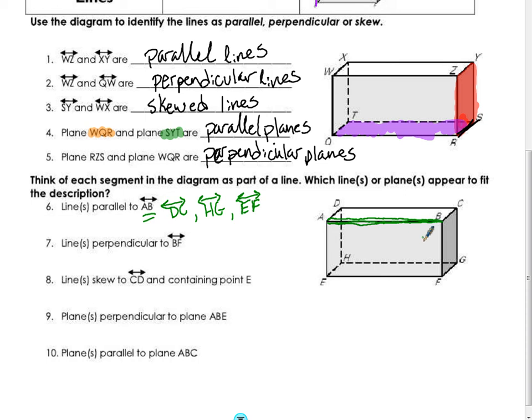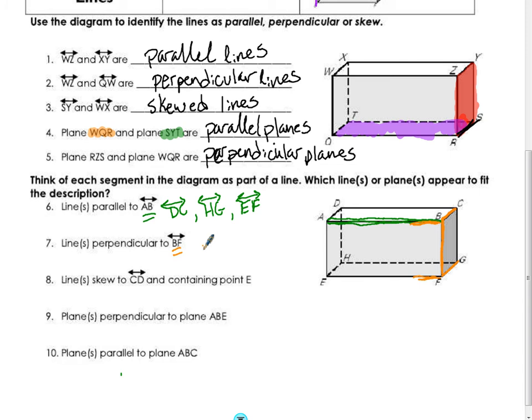Alright. Lines that are perpendicular to BF, well, that means I'm going to go ahead and look at BF here in orange. That's this line right here, BF. And to be perpendicular, I have to intersect the line and I have to form a right angle. So that could be this guy, this guy, this guy, or this guy. There's those 4 here for this one. The first one in the front is line AB.